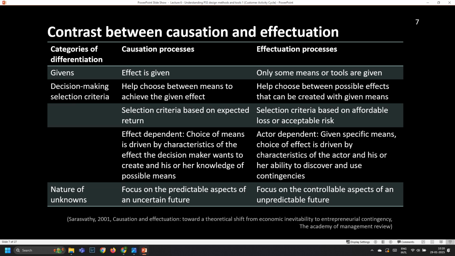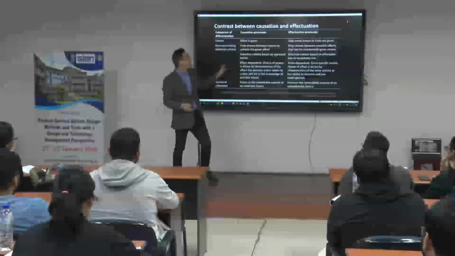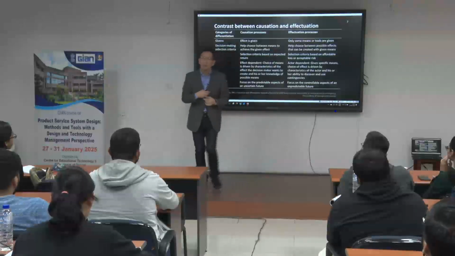So what is common is that through either of these processes, people can come up with a solution. Okay? And one is called the causation process, and the other is called the effectuation process.